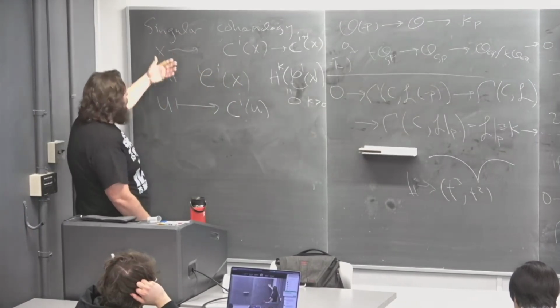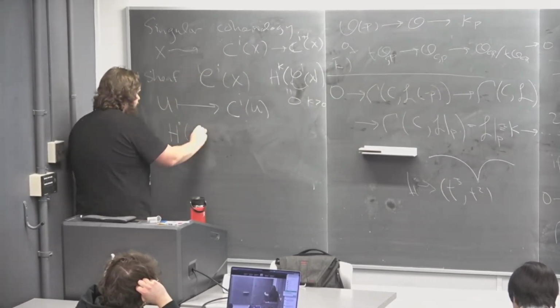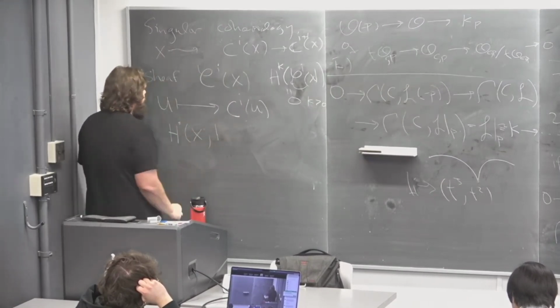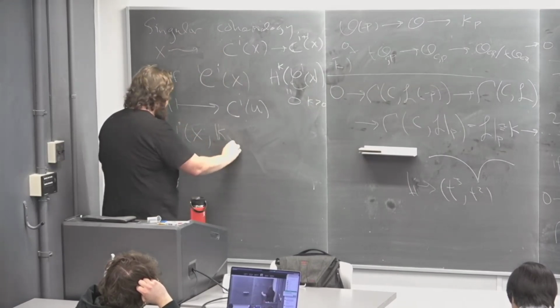So that tells me really what I was computing is the sheaf cohomology on X of the locally constant sheaf.